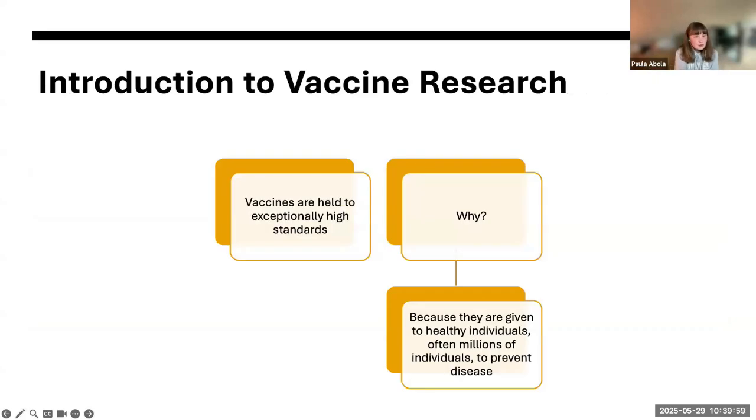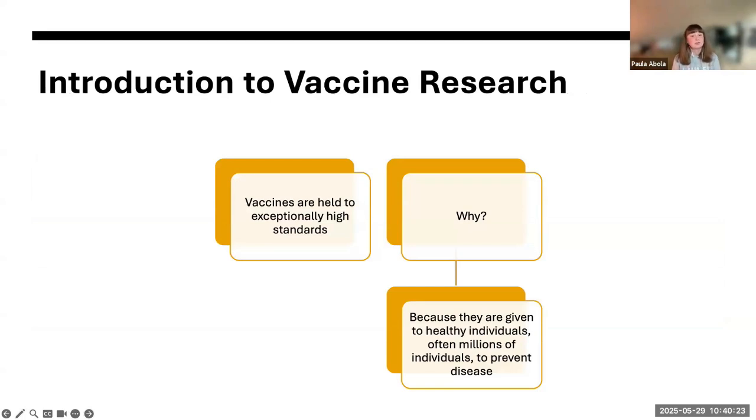And now we move fully to vaccine research. I did already give you examples of vaccine research when we were talking about certain statistical tests, but now we can apply this to vaccine development in more detail, which is a real-world, high-stakes application of everything that we just covered. As you know, vaccines are held to exceptionally high standards. Why is this?